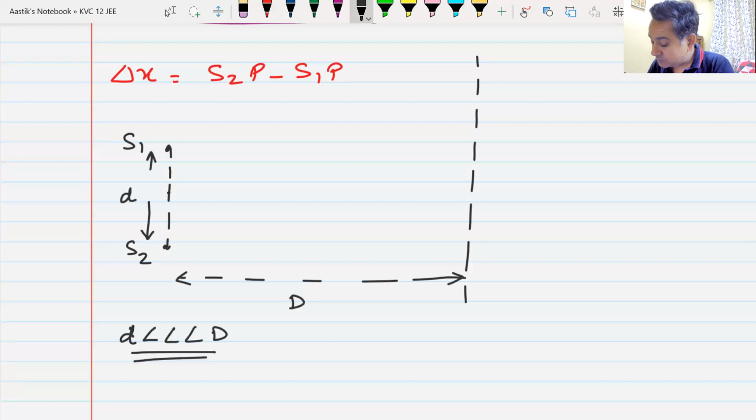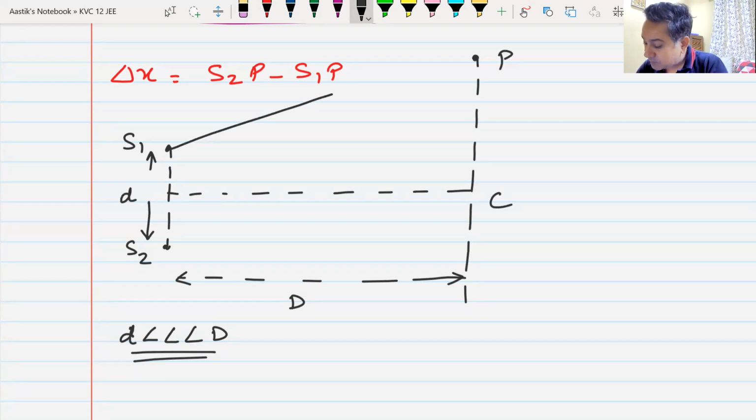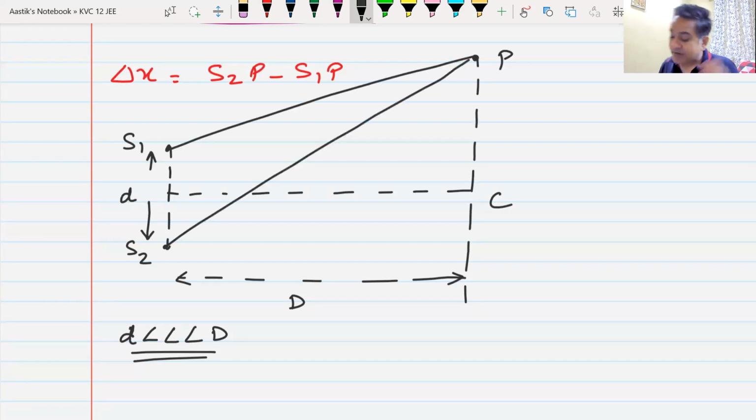Now I want the interference, and I'm trying to draw a rough diagram here. This point was C. You don't have to draw it. So basically, there is one line S1P and there is one line S2P. I have to find S2P minus S1P. What I do is I drop a perpendicular and I call this point L.